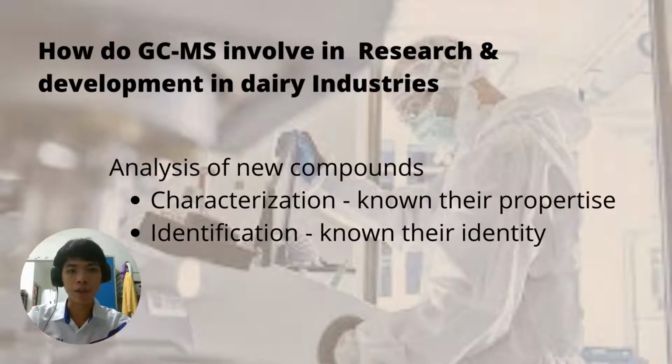Okay, so how does GCMS get involved in research and development in the dairy industry? When we make a new product, we have to know the properties, the characterization, and the identity of the new compound. If not, we may obtain different compounds when repeating the development.